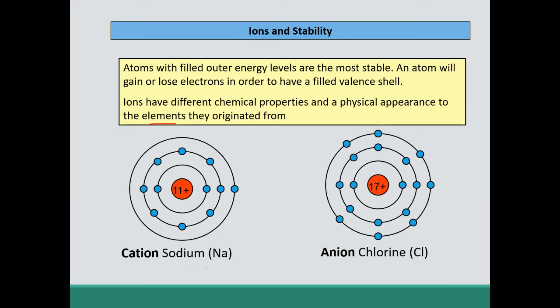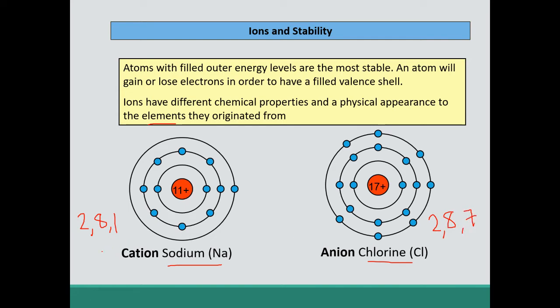An example of this is sodium, which is Na. It's got 11 protons and 11 electrons, and so it's got an electron configuration of 2, 8, 1. Whereas chlorine has an electron configuration of 2, 8, 7.